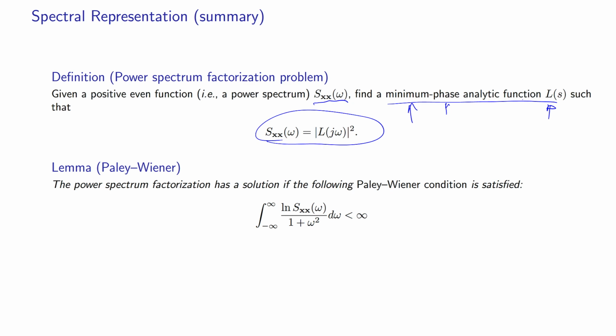There is a theorem which we will not prove. This theorem says that for any power spectrum which satisfies this function, which is called the Paley-Wiener condition, the spectral representation, or spectral factorization, has a solution.